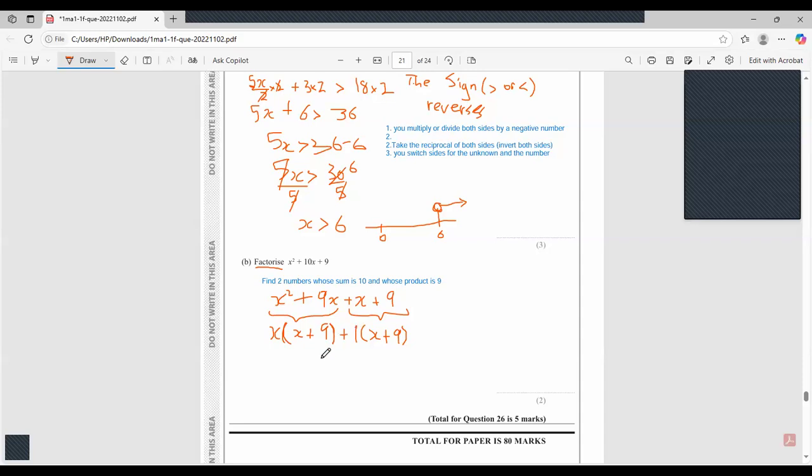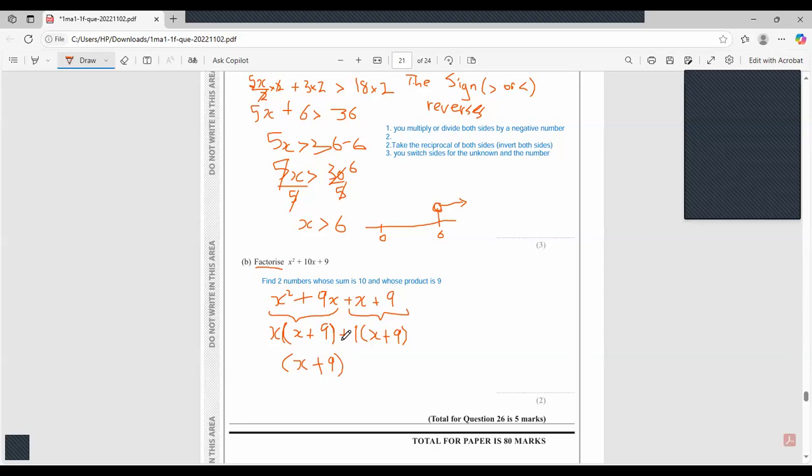Okay, so we're going to move on now. Now that we have two brackets that are similar, all we now need to do is to take one of them. We'll just write one of them on the next line, x plus 9, and then we'll close the bracket. And then we take the numbers in front of the bracket.